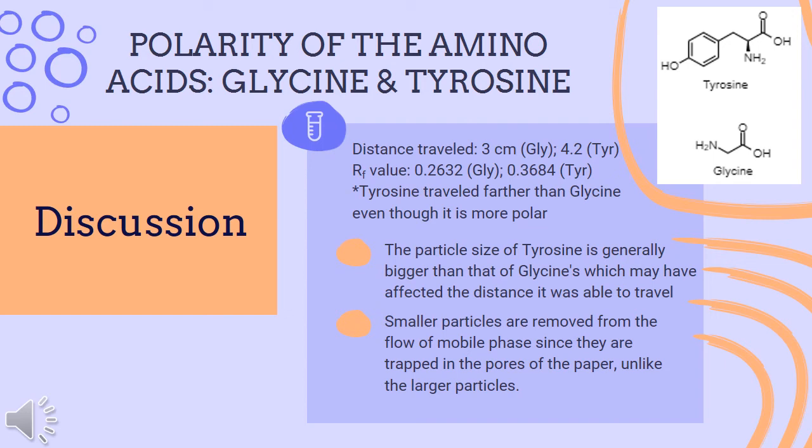Tyrosine has a benzene ring on its side chain, while glycine only has hydrogen. So smaller particles may enter the pores of the paper, and those molecules trapped in there are removed from the flow of the mobile phase, hindering further movement, while larger particles like tyrosine, which cannot be trapped in the pores, can travel with more ease and with greater distance.